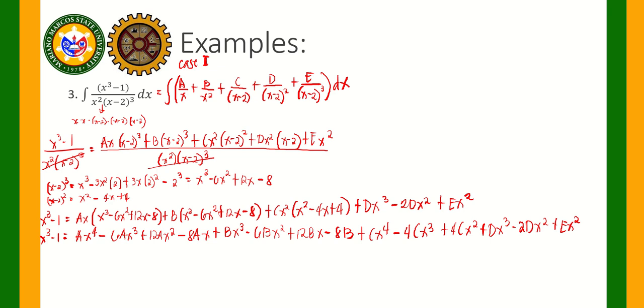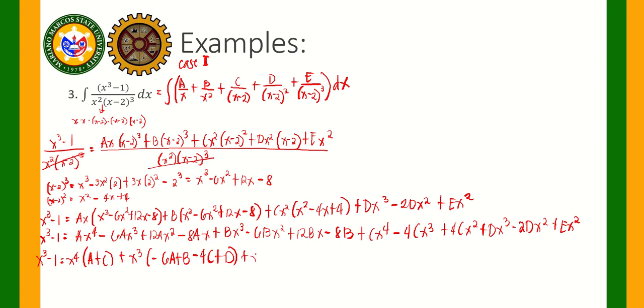So, gagamitin ko is yung by symmetry ulit. Kasi doon ako nadadalian. So, this will be equal to x cubed minus 1 is equal to x raised to 4. That will be equal to a plus c. Ayan. And then plus x cubed, that will be equal to negative 6a plus b minus 4c plus d.